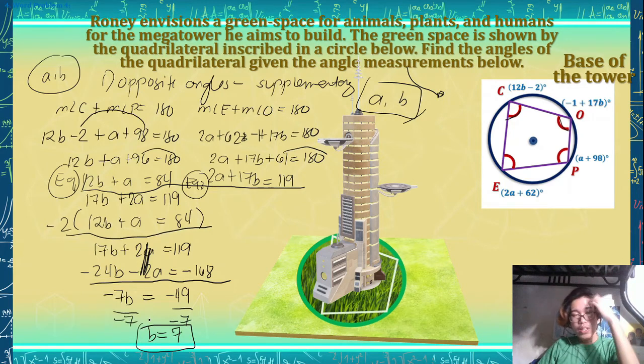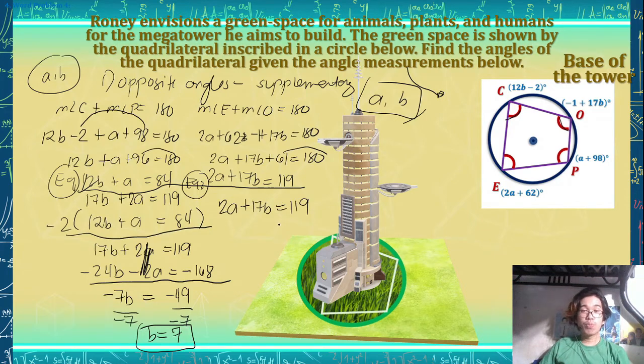So for this problem the value of b is equal to 7. Now that we have the value of b, we can solve for the value of A. We can use equation 2, 2A plus 17b is equal to 119.